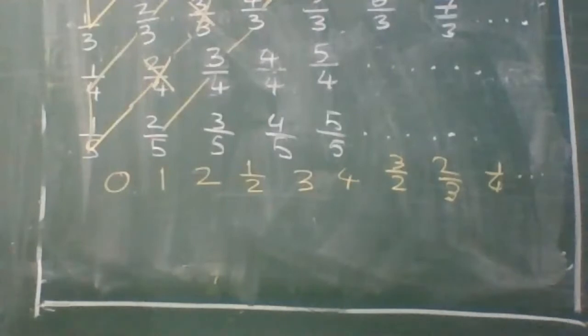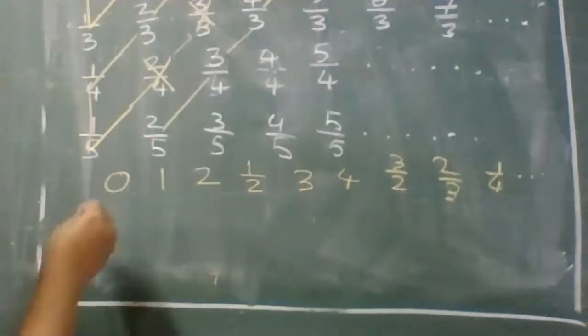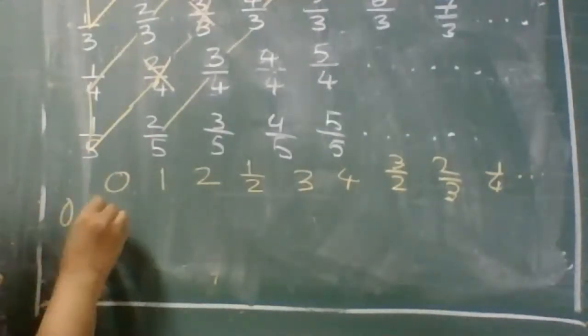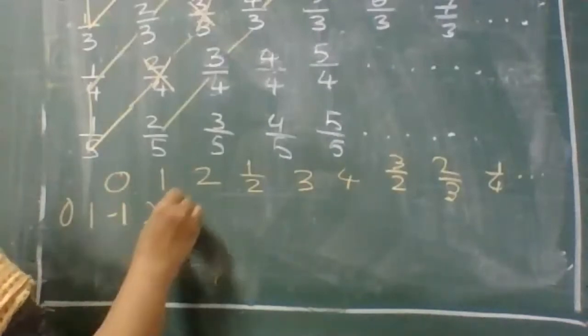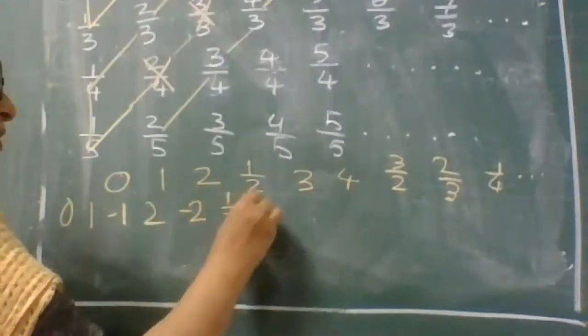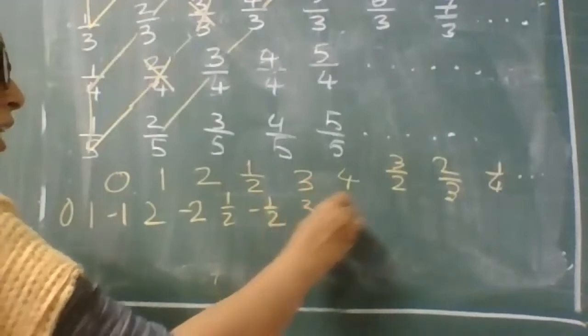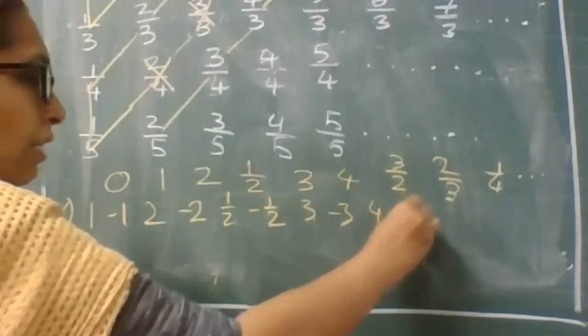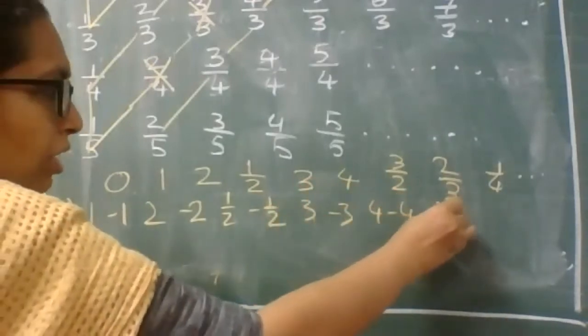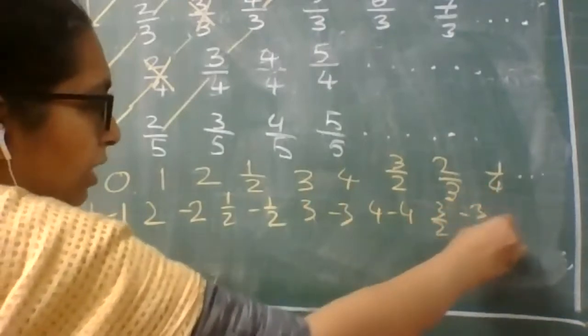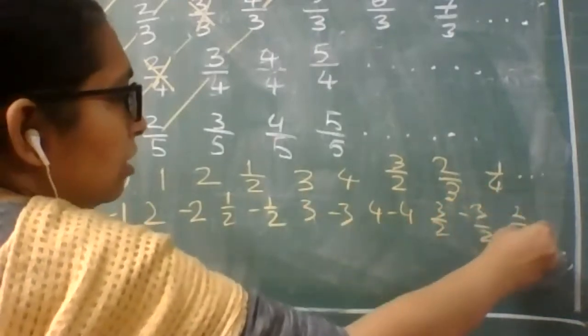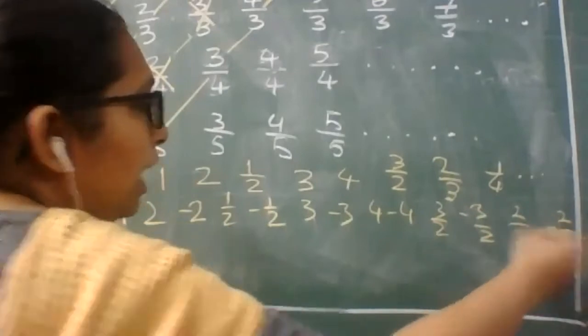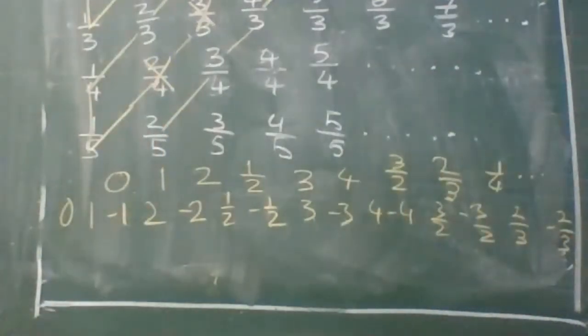Now, if you want to expand it to all rationals, you can go 0, 1, -1, 2, -2, half, -half, 3, -3, 4, -4, 3/2, -3/2, 2/3, -2/3, and so on. So that way you have captured all rational numbers. Okay, no problem. Is this part clear?